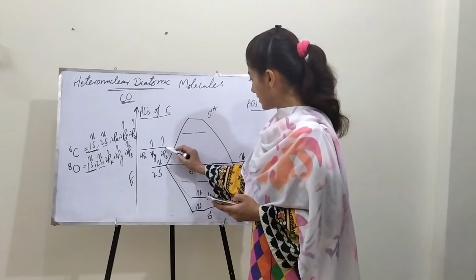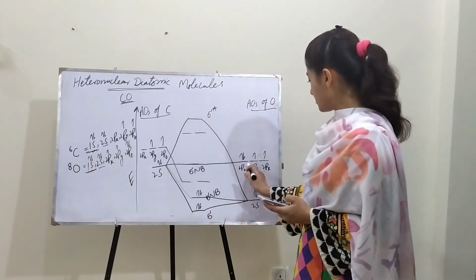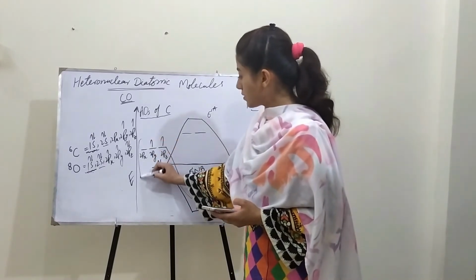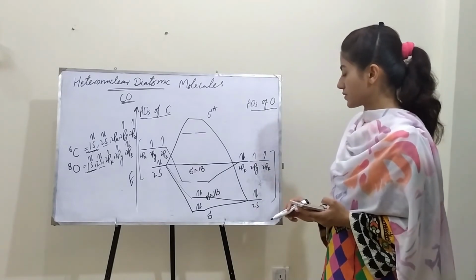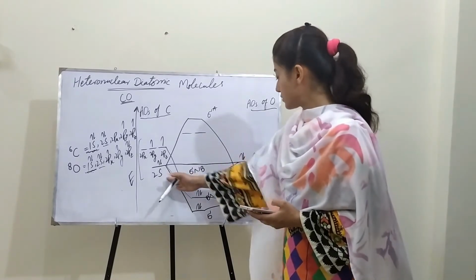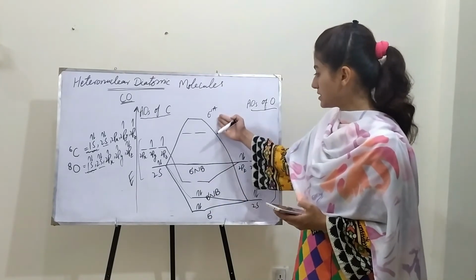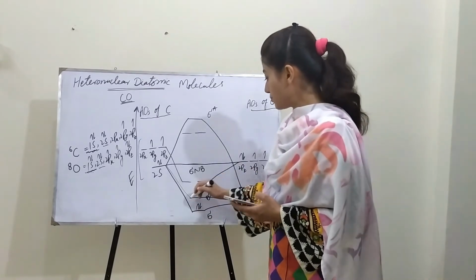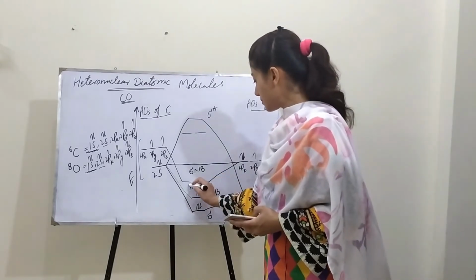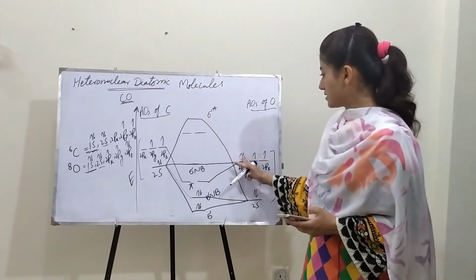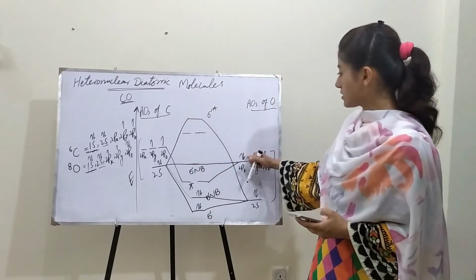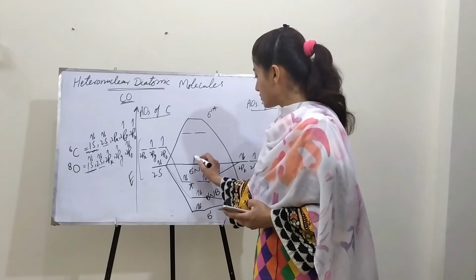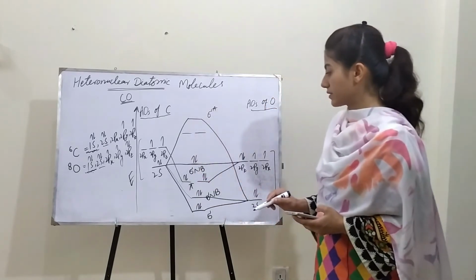All these orbitals interact with both of these. So in this way you may say that 2s with 2s forms sigma and sigma star, then 2px interacts with these 2px to form 2 pi bonds. These two are pi bonds, and here the total number of electrons are 4 and 6. So 2 electrons would be here, 2 would be in these, and 2 others would be in sigma non-bonding.